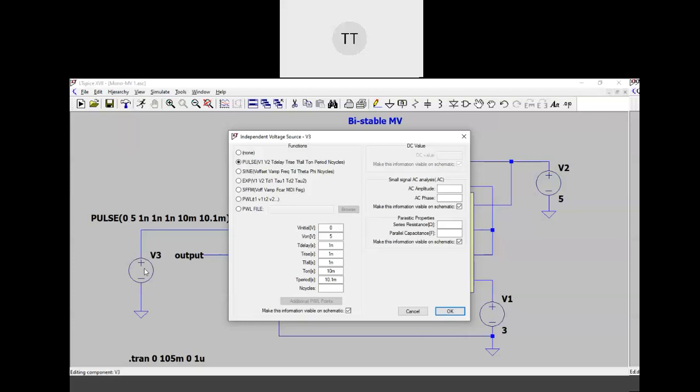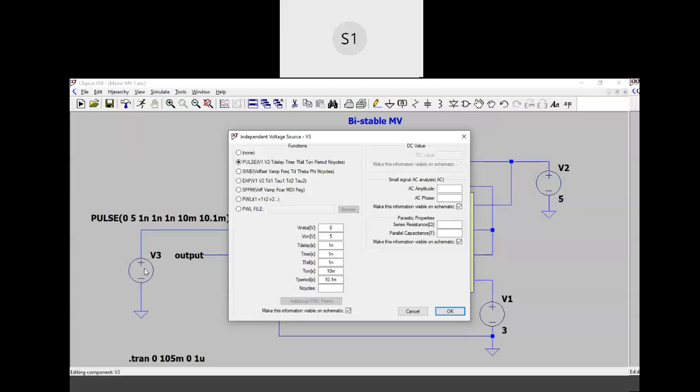I want all of you to write the waveform for these specifications. So it is 5 volt and then 0 volt, and on time is 10 millisecond, total time is 10.1 millisecond. And what will be the off time? 0.1 milliseconds, sir. Correct.